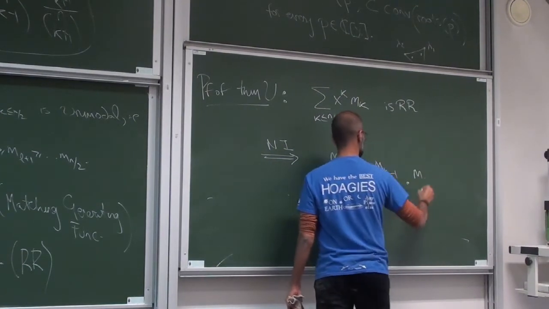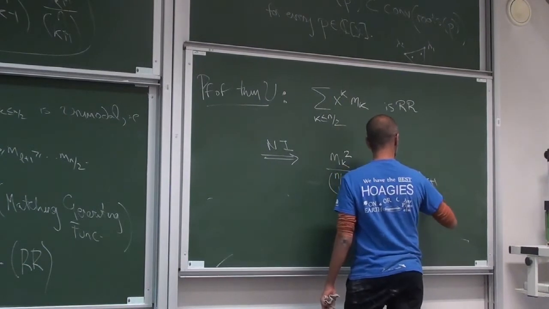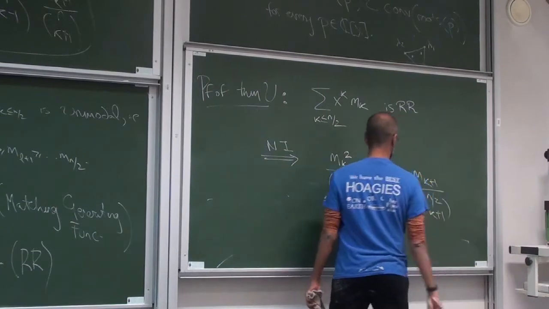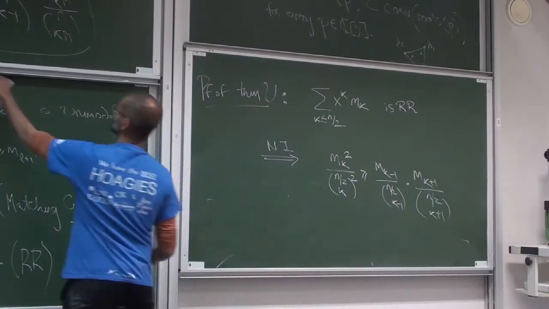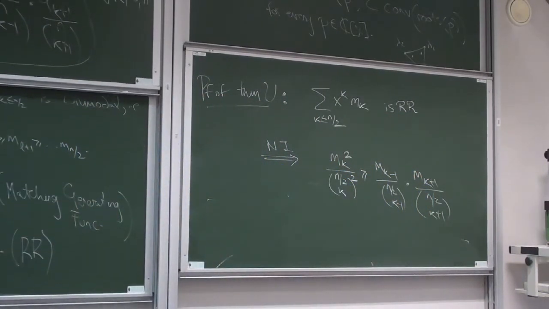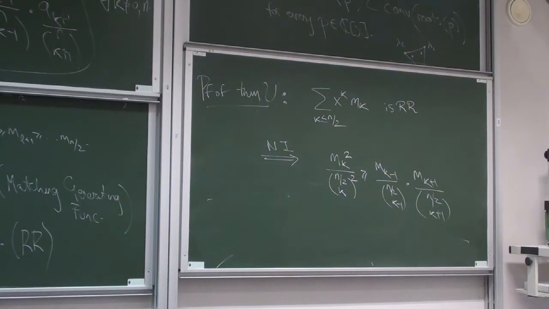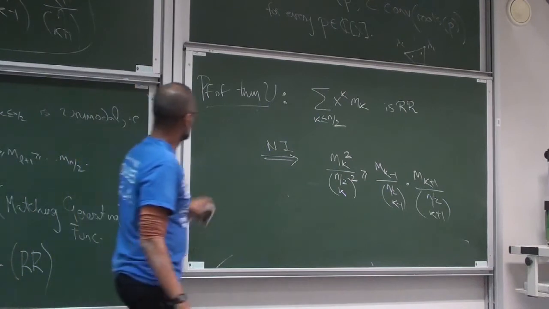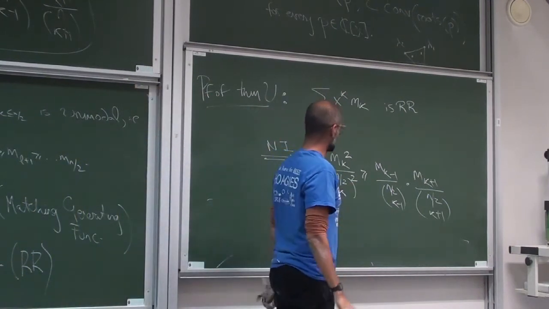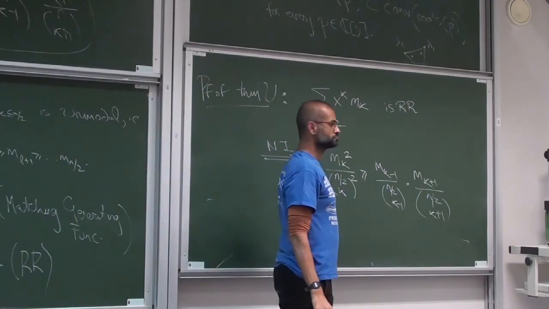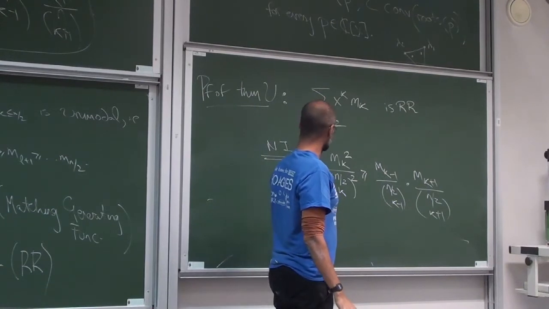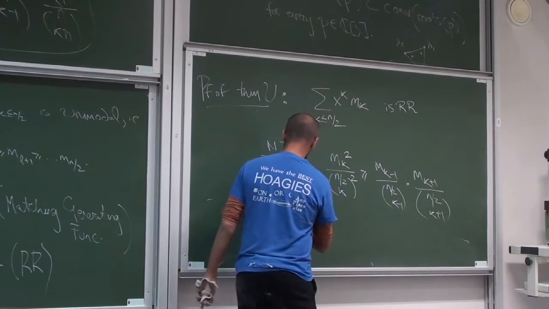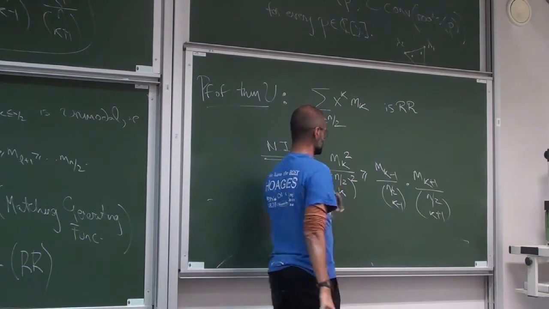Sorry, minus 1. By the way, these inequalities are called ultra-log concavity. Okay, so Newton inequalities imply that these are ultra-log concave. And then it's an easy exercise to see that, in particular, this is true without the binomial coefficients.